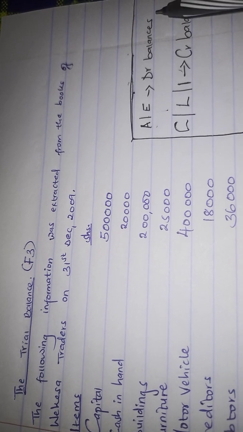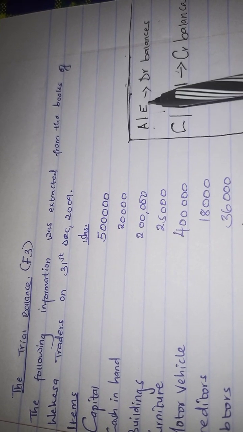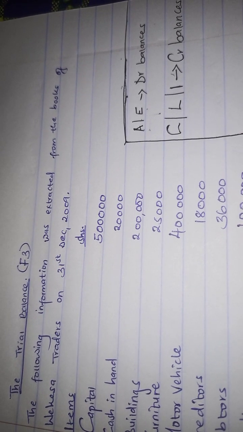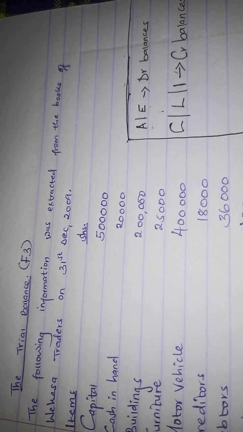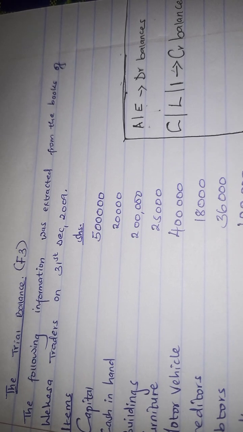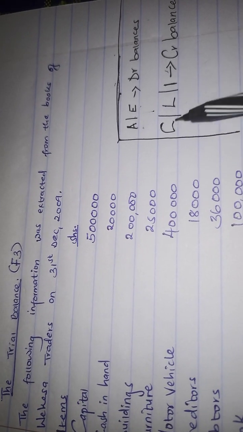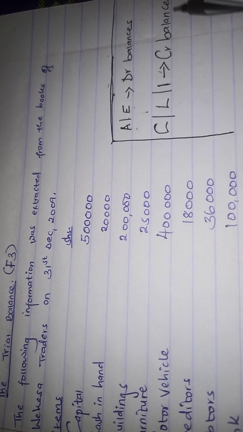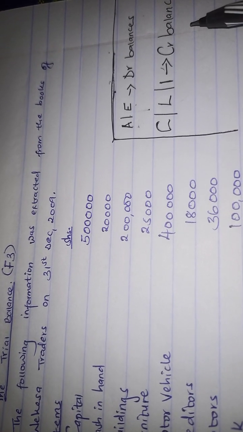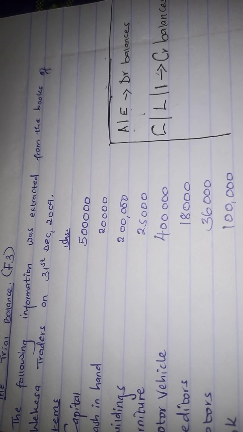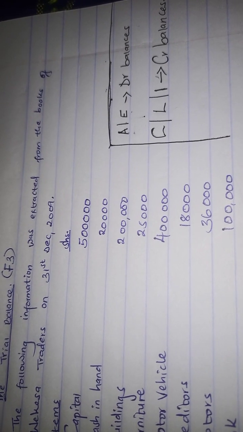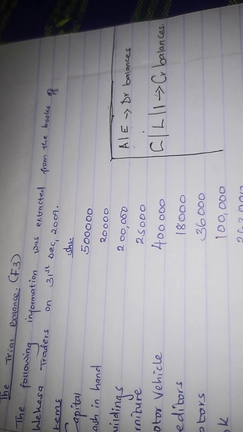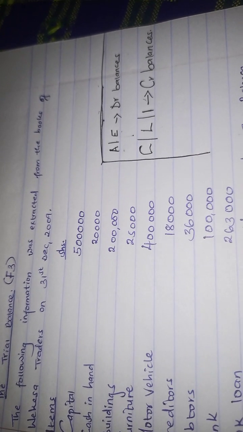For accounts with debit balances, that is assets and expenses, when preparing a trial balance, always record on the debit side unless otherwise stated. The same case too for accounts with credit balances. When preparing a trial balance, ensure that they are credited unless otherwise stated.